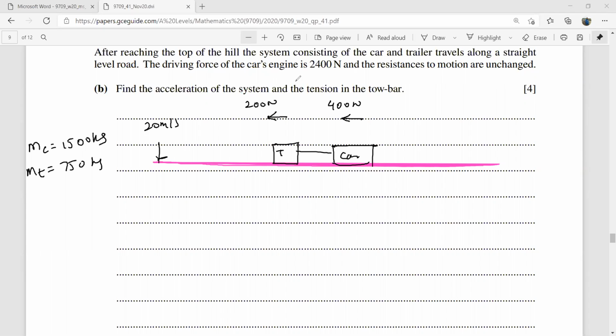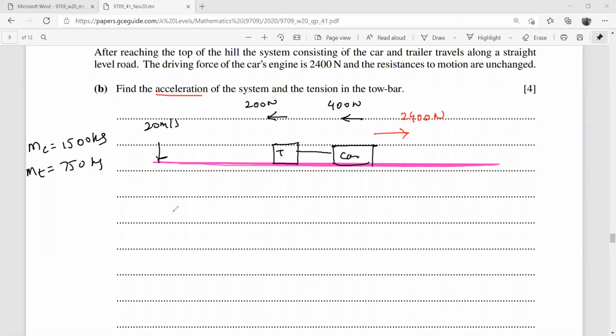Okay, the driving force, now we have the driving force as well. Okay, good, cool. This driving force over here is 2400 newtons. And we have to find the acceleration of the system.